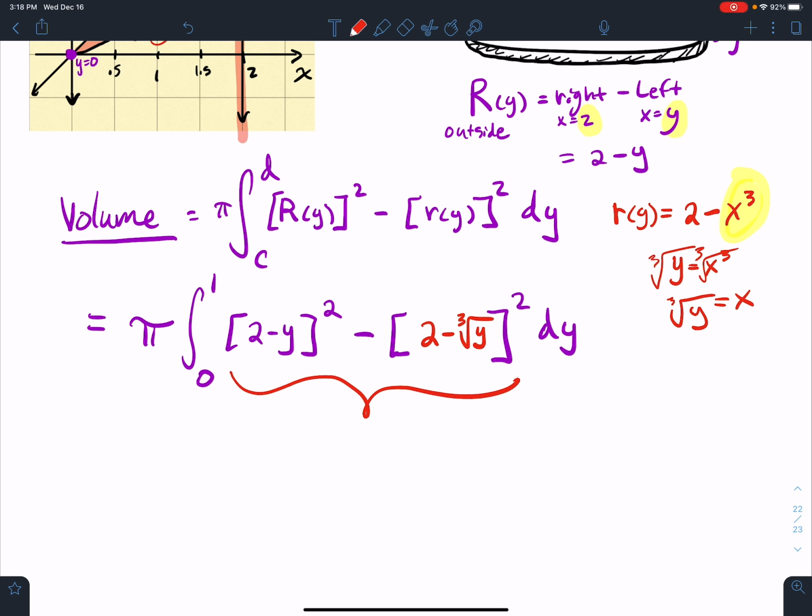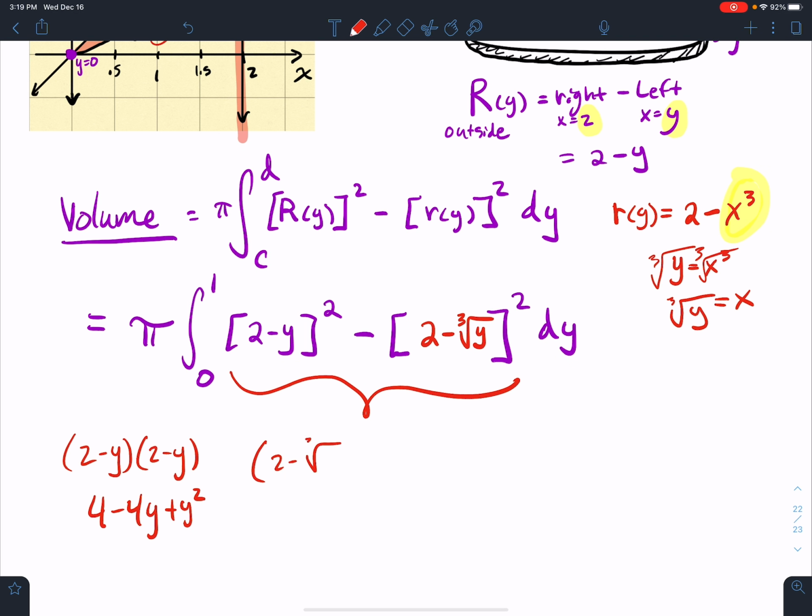I can do some algebra simplification. 2 minus y squared is equal to 2 minus y times 2 minus y, which is 4 minus 4y plus y squared. And then 2 minus the cube root of y times 2 minus the cube root of y is 4 minus 4 cube root of y.